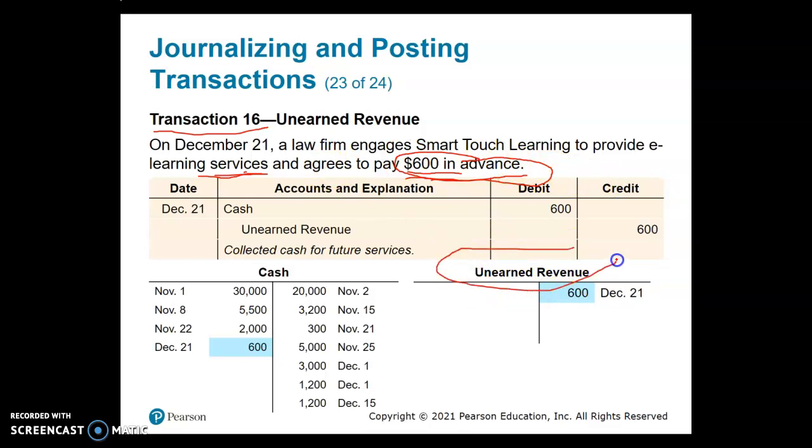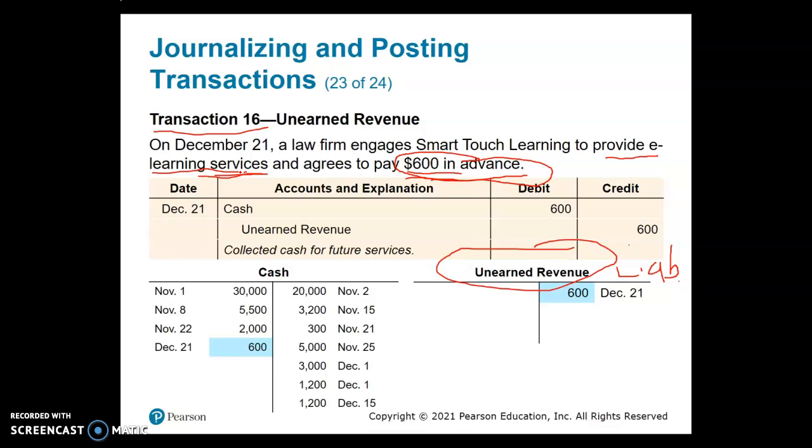Unearned revenue is a liability, okay? It's a liability to perform a service. An example of this would be the grass cutting example, with the lawn care. That was an example in another video I posted.